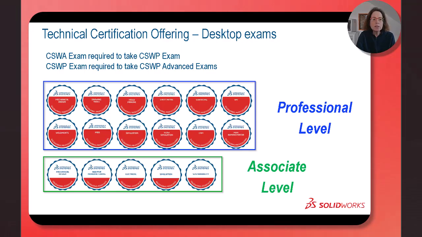The professional level exams are given first in design and also in advanced exams that follow some of the SOLIDWORKS add-ins that are given to you in the Education Edition. These include things like sheet metal, molding, surfacing, weldments, and a very comprehensive exam in drawing tools.